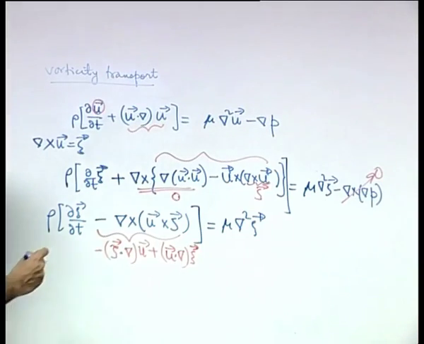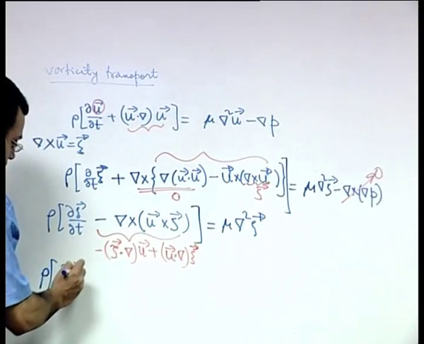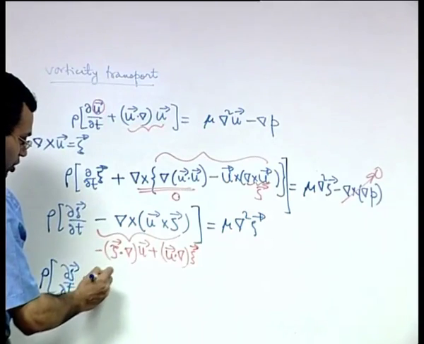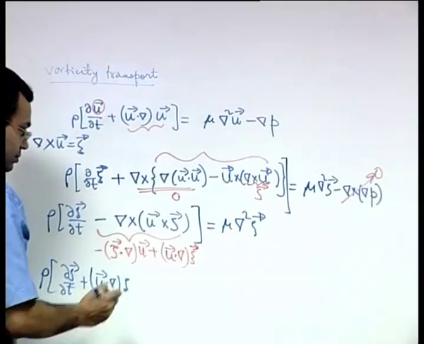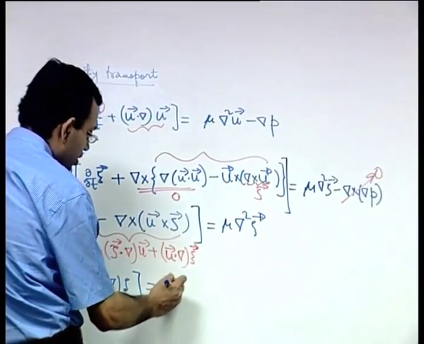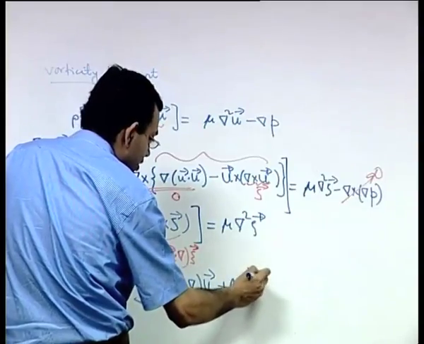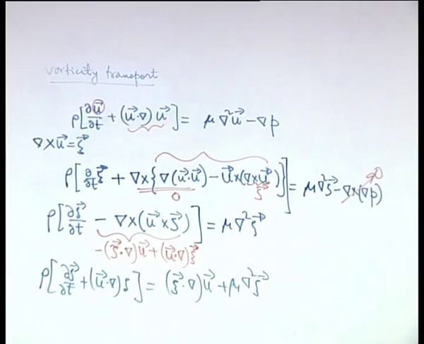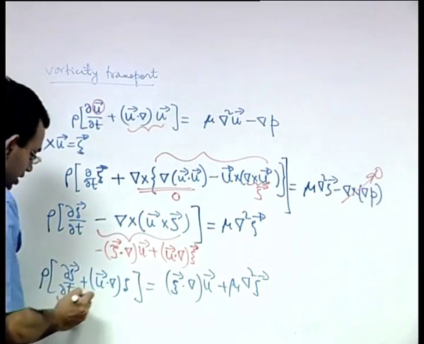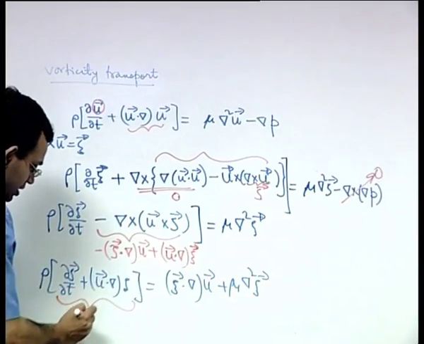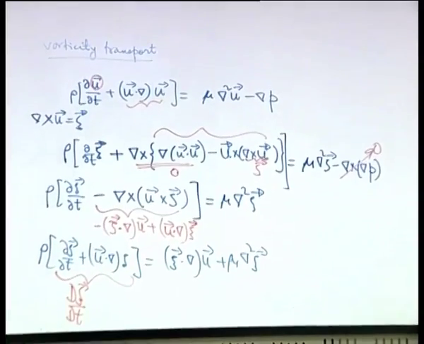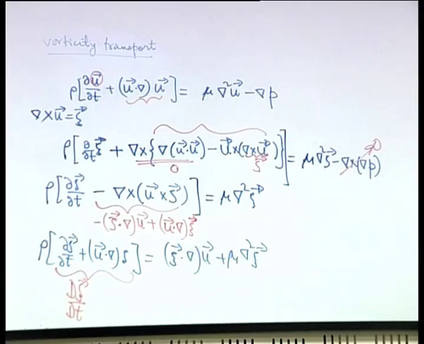So, you can write rho del zeta del t plus u dot del zeta is equal to zeta dot del u plus mu del squared zeta. This incidentally is the total derivative of zeta, capital D Dt of zeta. So, this gives a vector evolution of vorticity. There is one rho here, right.